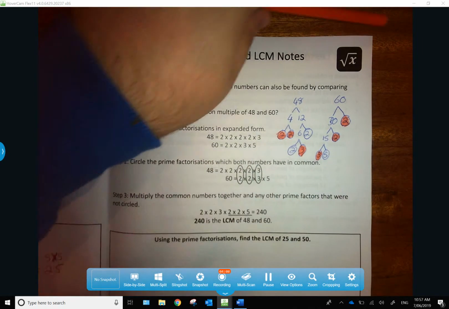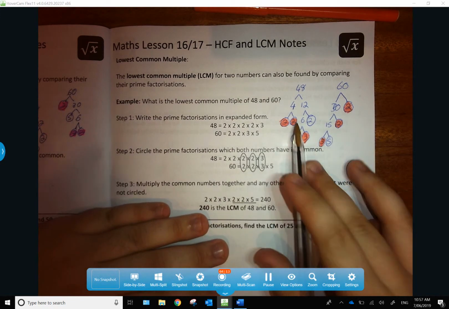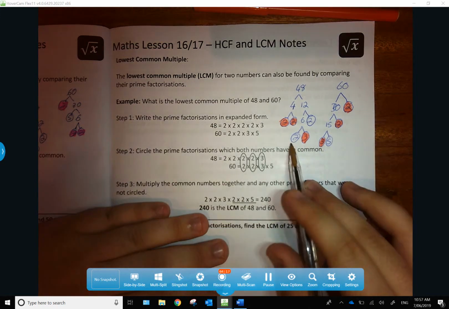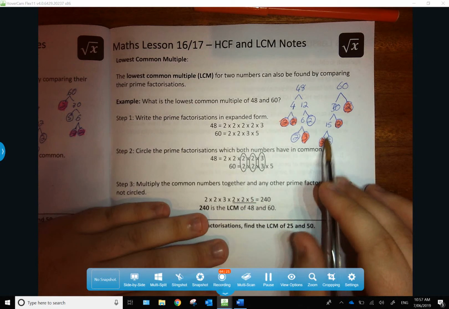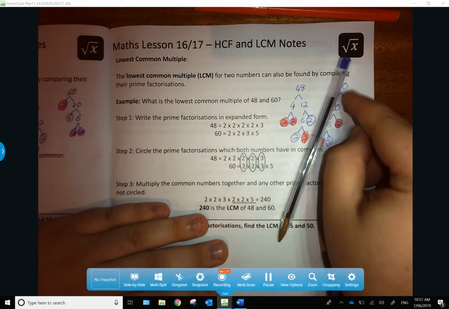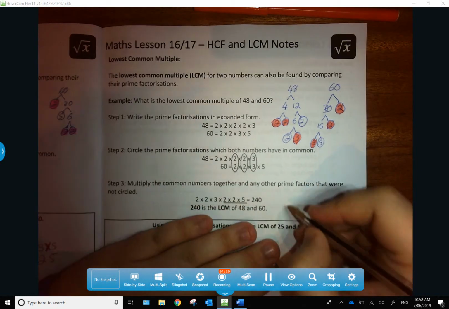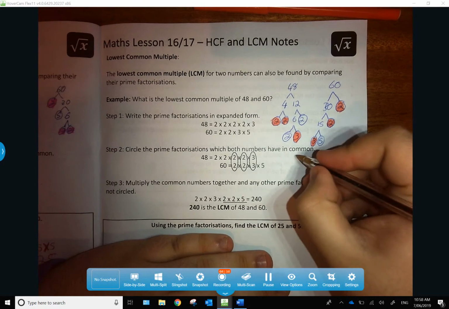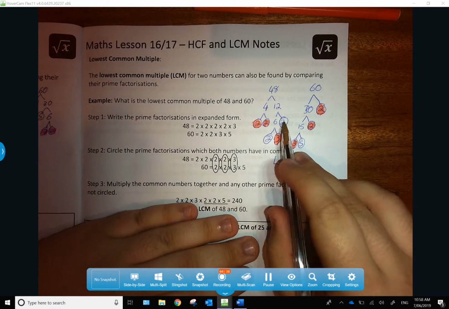Now, when we find the lowest common multiple, what we have to do is multiply all the ones that are unfriended, so all the digits that are left out, and all the digits that are highlighted in one of those trees. Okay. So let's see how I find the LCM. The LCM equals, remember, all the digits that are unpaired.